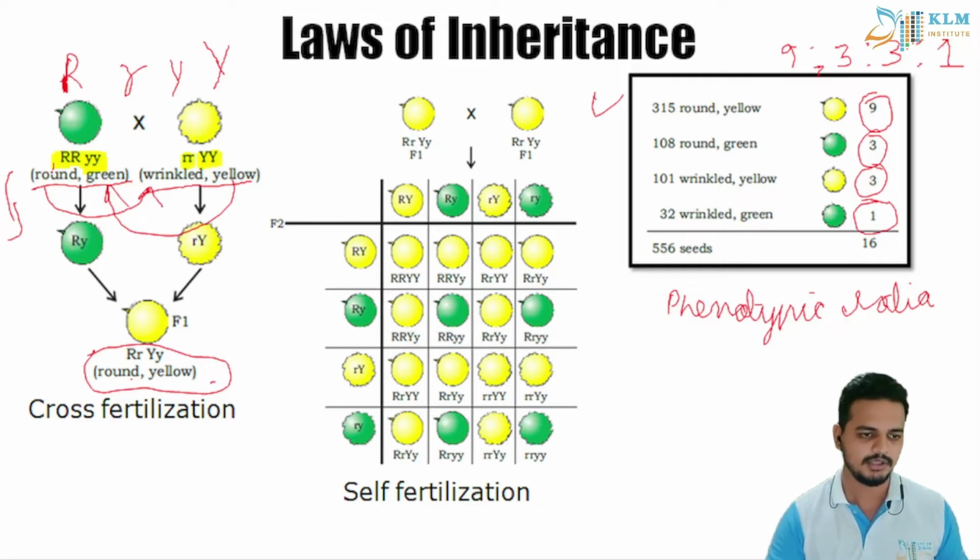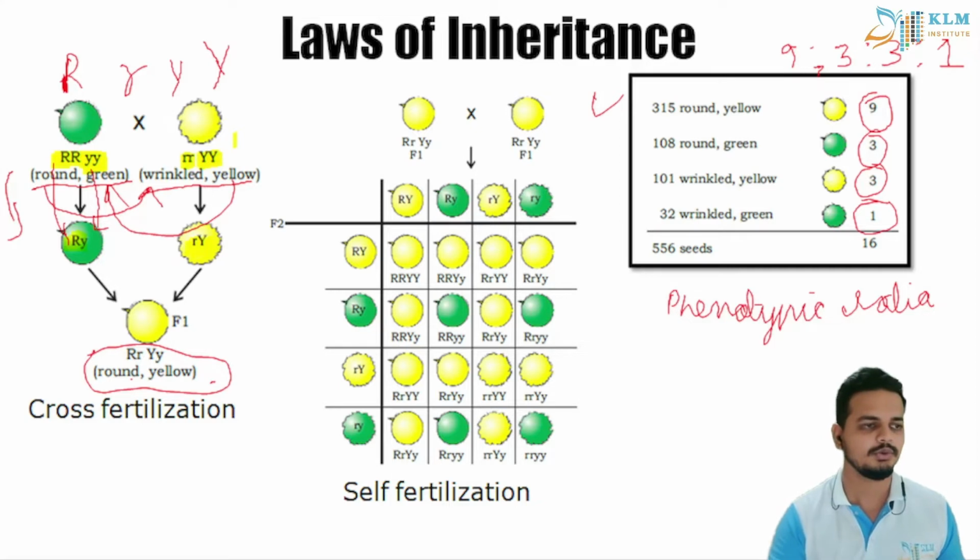From here you take one capital R and one small y, and this is what is formed. Capital R and small y is formed. Now you can take one small r from here and one capital Y from here.